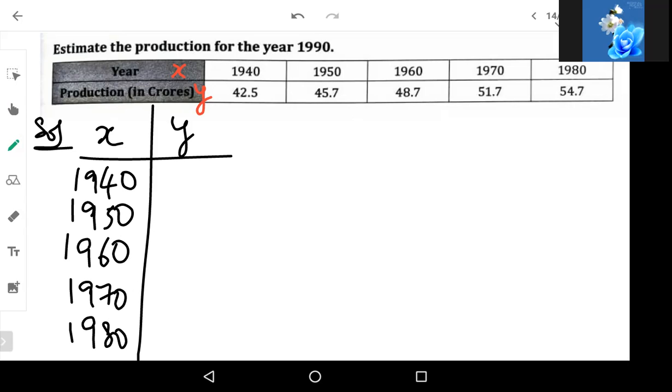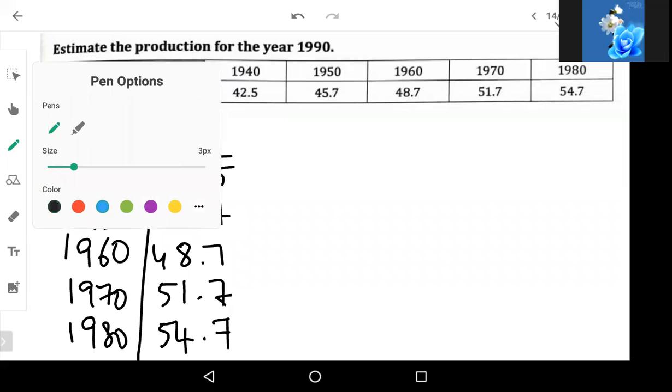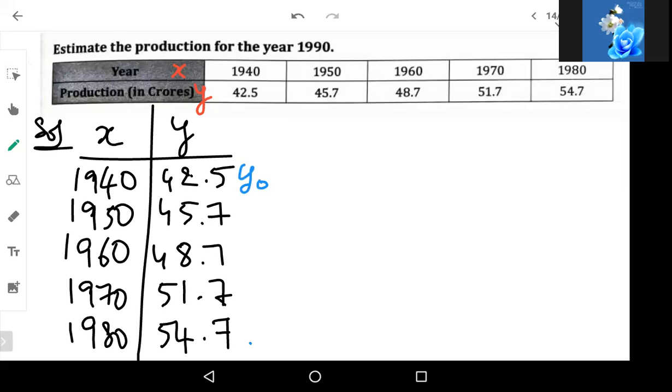Don't add 1990 yet. I will tell you when you have to add it. Then write down the production: 42.5, 45.7, 48.7, 51.7, 54.7. Now what are the y values? Y0, Y1, Y2, Y3, Y4.